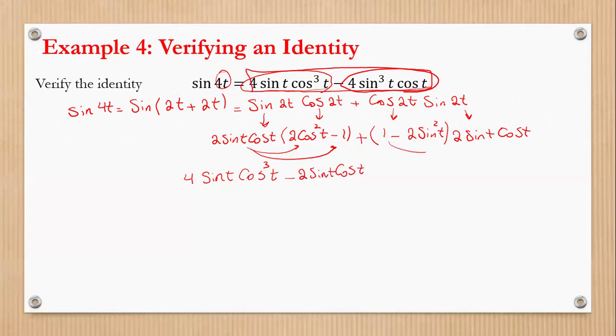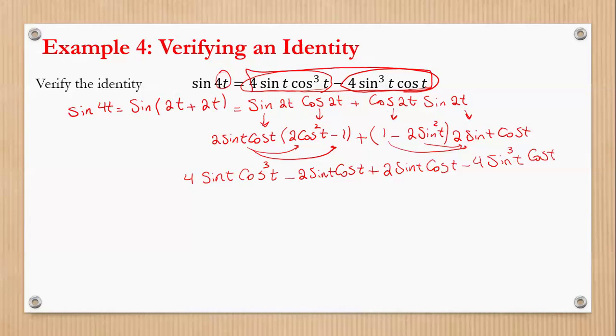Distribute this one as well. So 1 times 2 sine t cosine t again is 2 sine t cosine t. And -2 sine squared times 2 sine t cosine t is -4 sine squared times sine is sine cubed and cosine t.